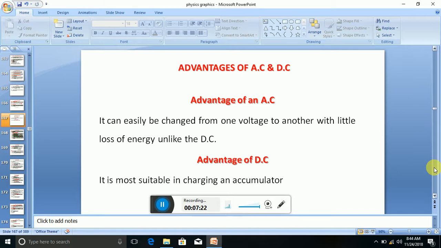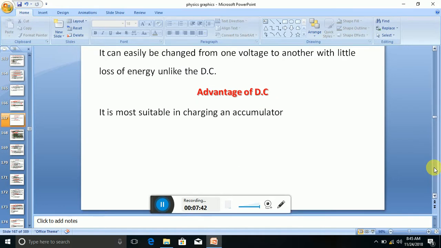So when you're working on transmission lines, like for NEPA, they like working with AC until it gets to the house, because you can easily step down or step up the voltages. For DC, it is most suitable in charging an accumulator. So use DC to charge if you want to save your energy.